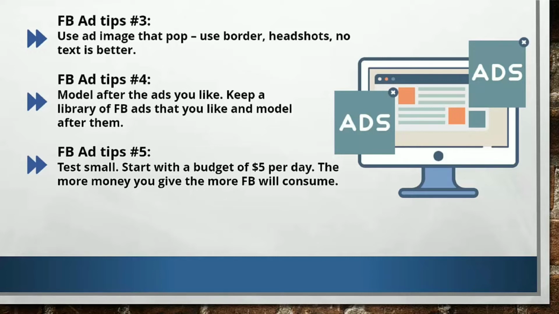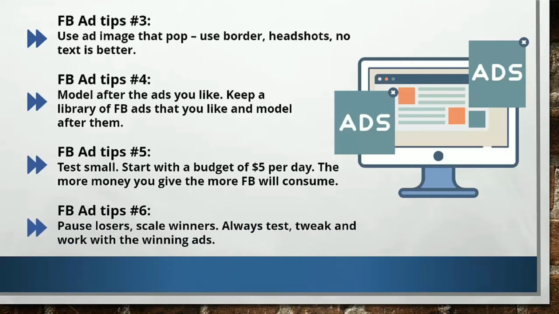The more money you give, the more Facebook consumes. So if you give Facebook $500 a day, it just spends and consumes all of it in one day, just giving you a higher reach. But once you give them a lesser amount of money, Facebook will be very choosy in showing your ad to people. You can also test 5 or 6 different kinds of images with different kinds of text and headlines to see which one is performing better.